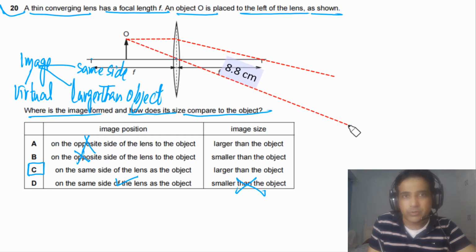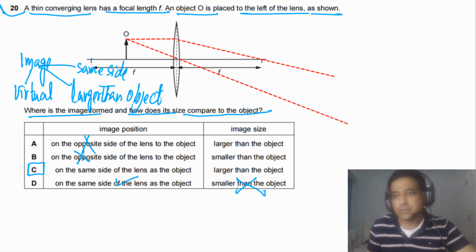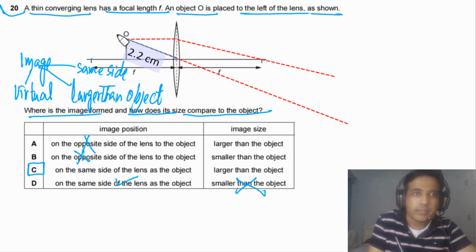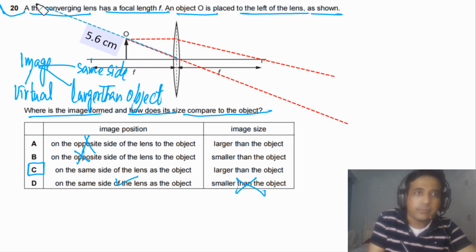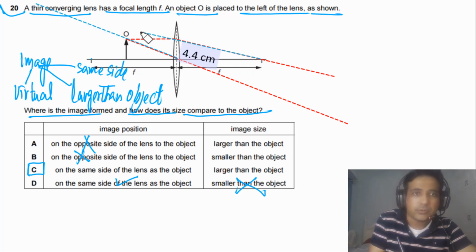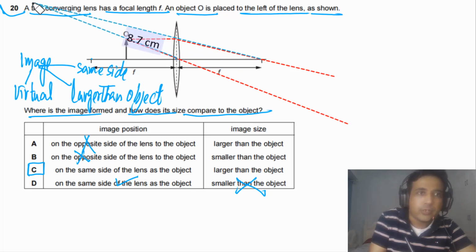These two rays will not intersect each other. But if we draw the extension of these lines, they will meet here. We can also draw the extension of the lines from here, and they are going to meet somewhere here.